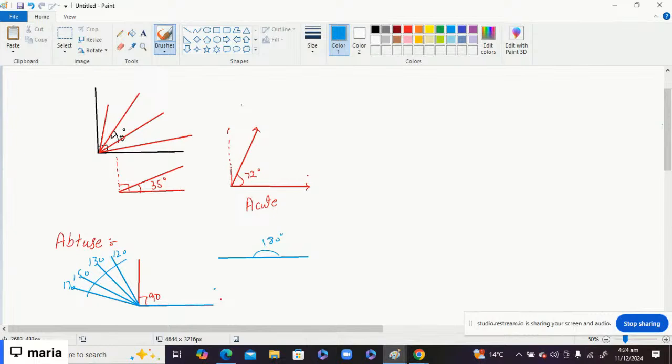And for the angles less than 90, I already drew them here. For example, the first angle is 35, the second angle is 70, 72. That is acute.